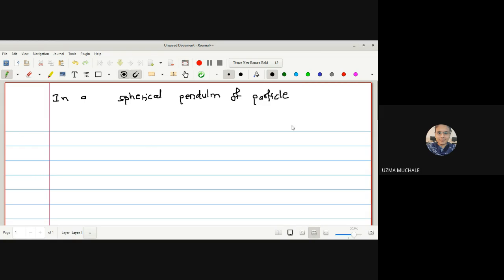Spherical pendulum of a particle with mass m moves on the surface of a sphere of radius r in a gravitational field.